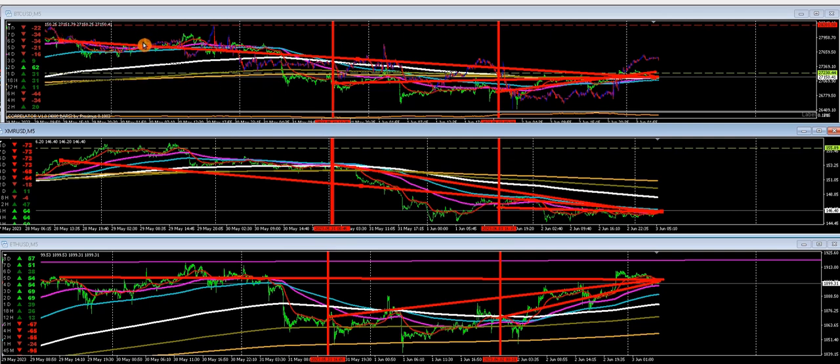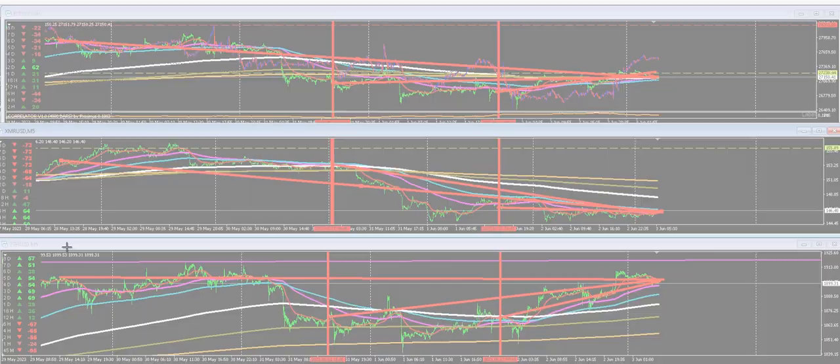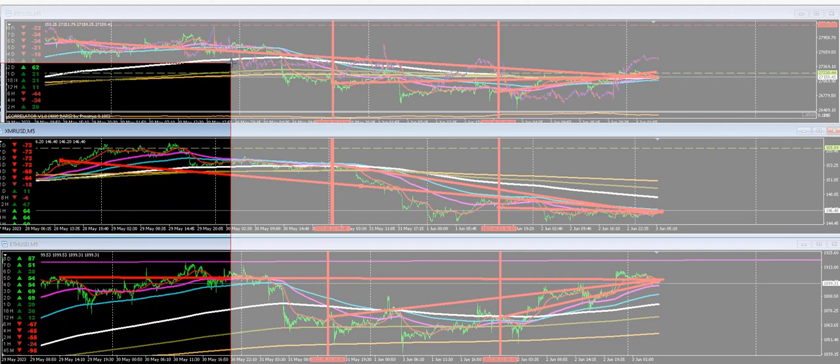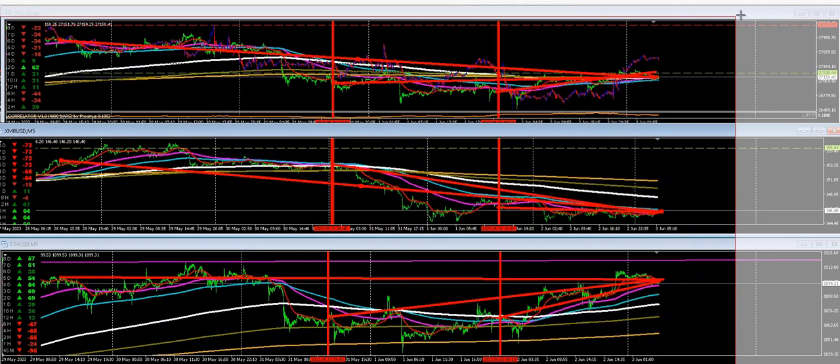So what have we got here? We'll go back, obviously, to where we can see. Just for any newcomers here, I'll show you how we divide these up.